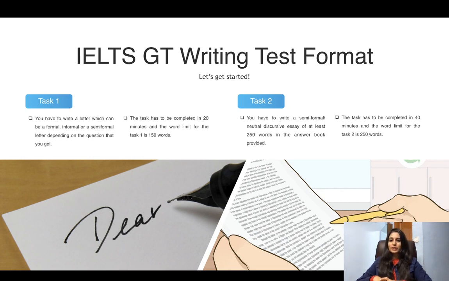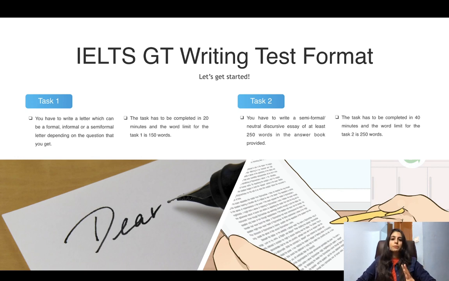We'll cater to it. Okay, so task 1. What do we have to do in our task 1 in the general training test? You have to write a letter which could be formal, informal, or semi-formal in nature, depending upon what the question is asking you.